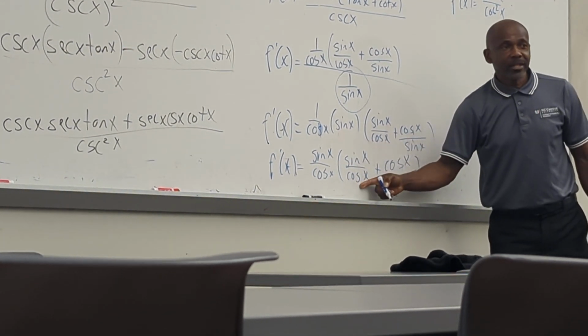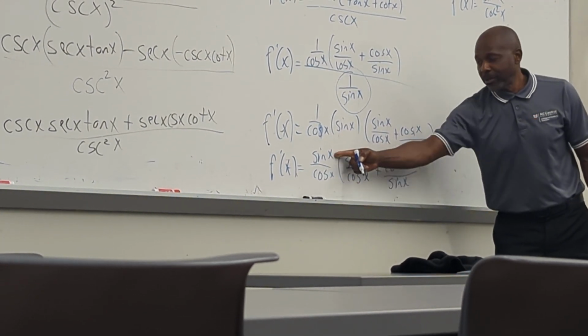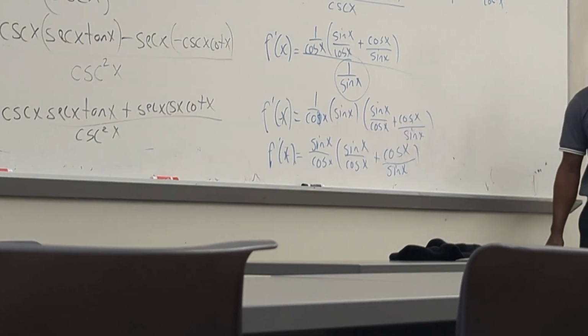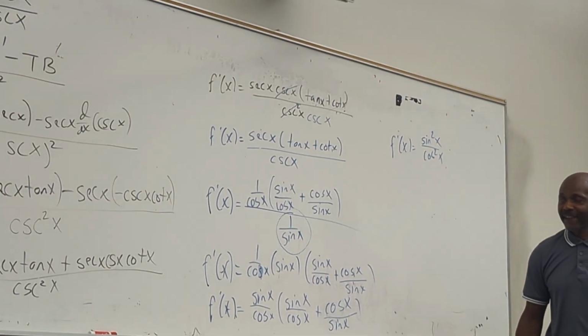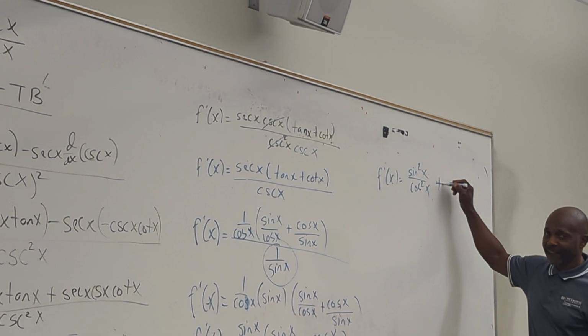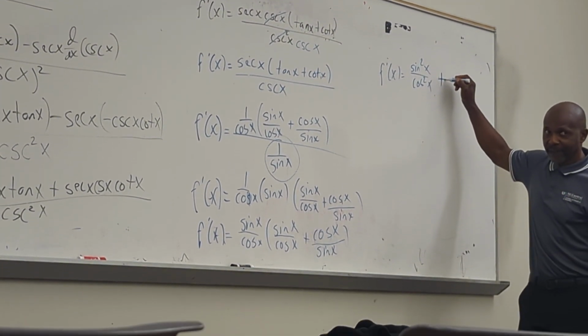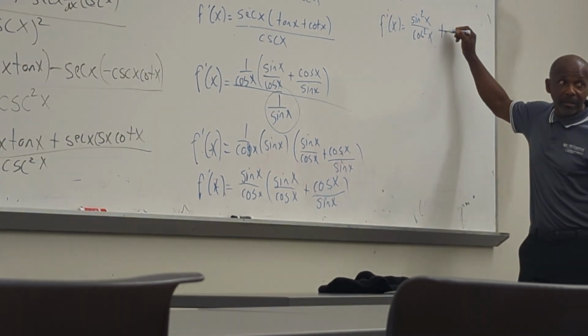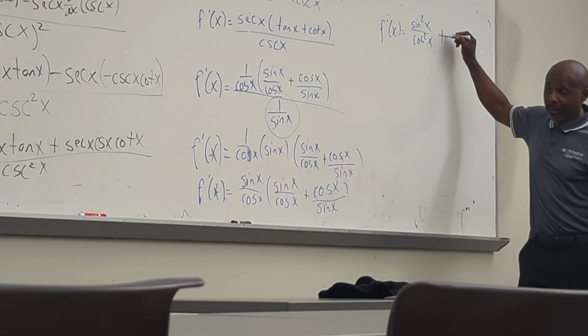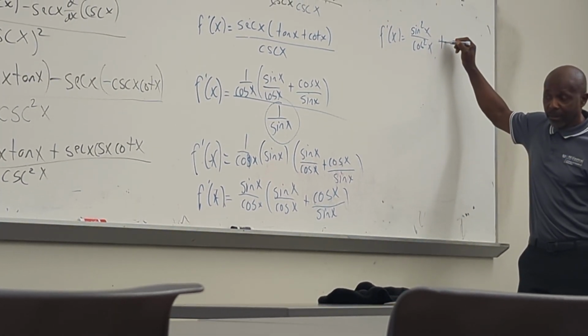Sine squared x over cosine squared x. When I multiply here, what will I get? Sine squared x over cosine squared x plus sine x times cosine x over sine x cosine x.